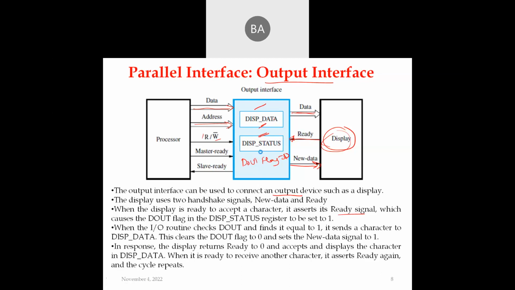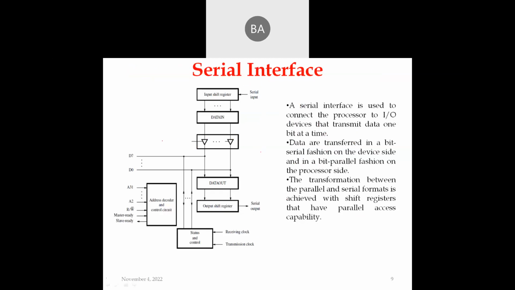Coming to how these input output units get connected, it is by making use of either the serial interface or the parallel interface. This is a serial interface. We have an input shift register, DATAIN is another important component here, and this is DATAOUT. This is the serial output register.